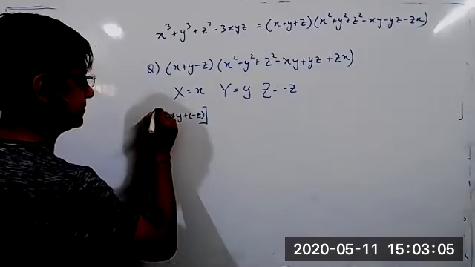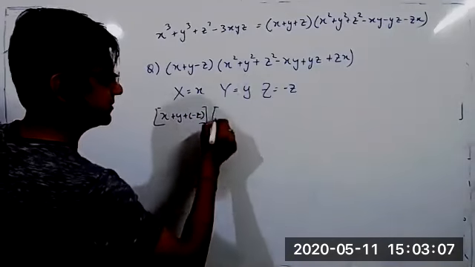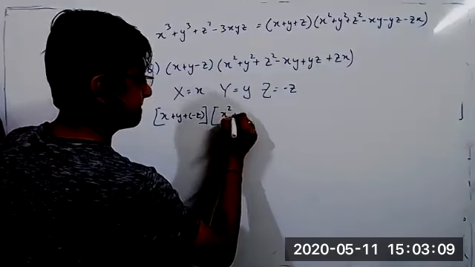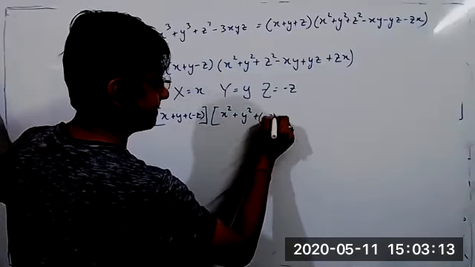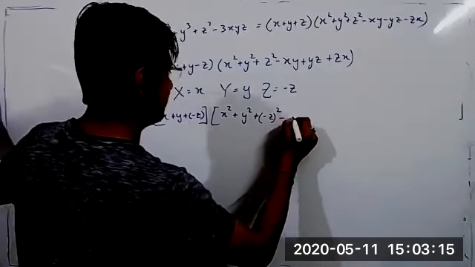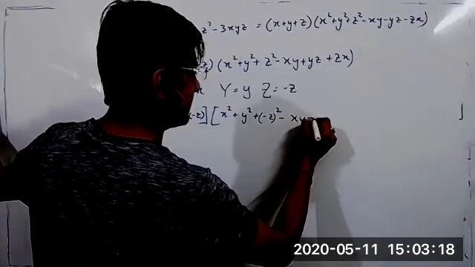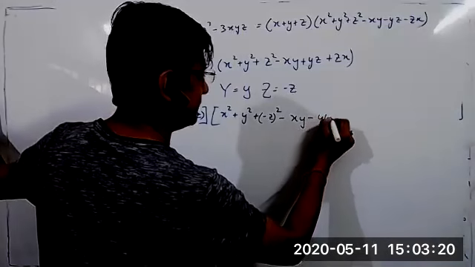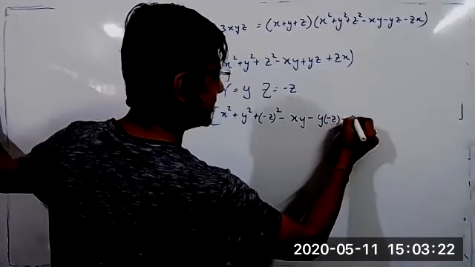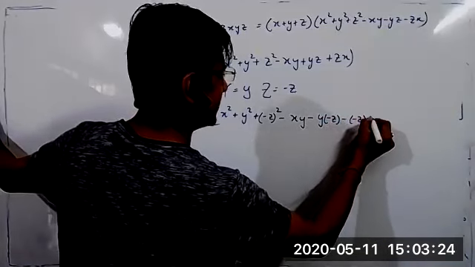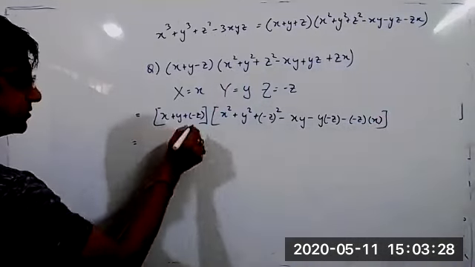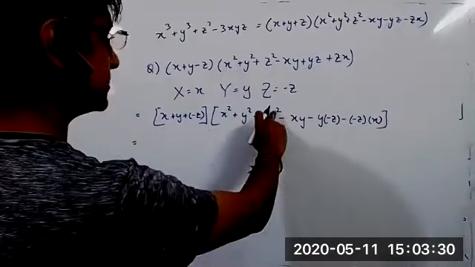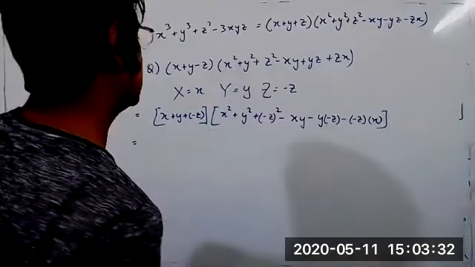Yes, sir. And here x square plus y square plus minus z the whole square minus xy minus yz minus zx. Correct? Yes, sir. So is this equal to this? Yes.